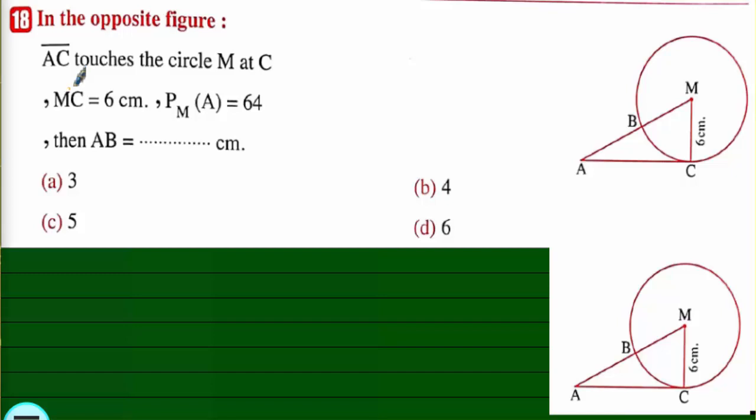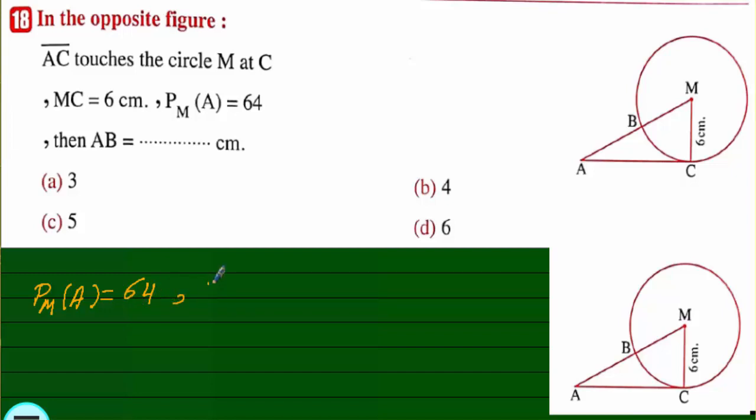Here we have in the opposite figure, AC touches the circle M at C, and we'll consider it in this figure here. And MC equals 6 centimeters, and the power of A equals 64. Then AB equals blank centimeters. We have the power of A equals 64, it is given.